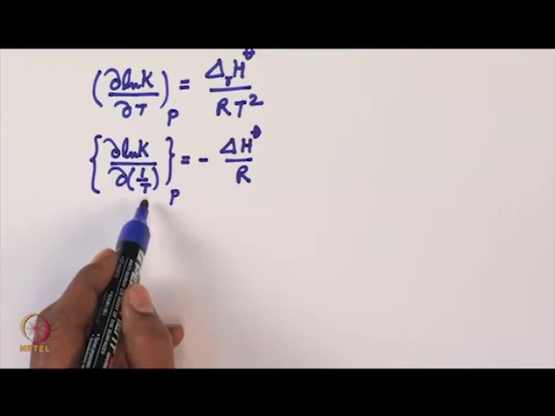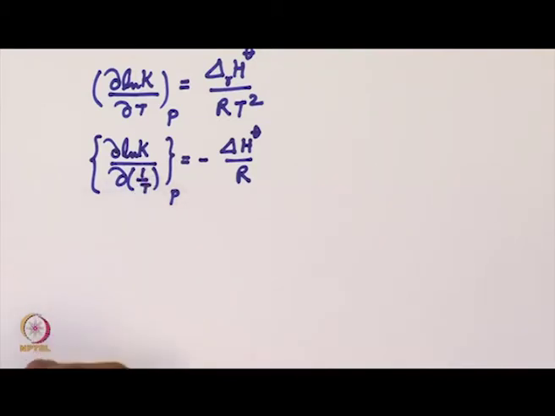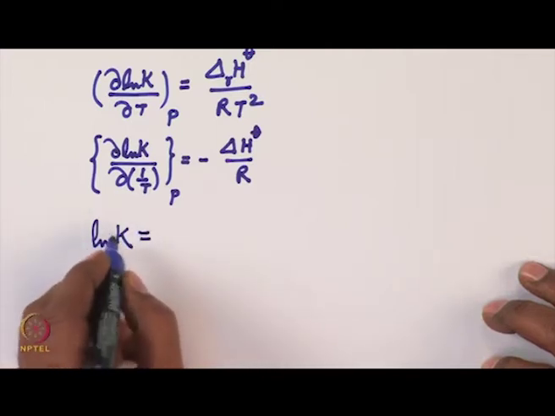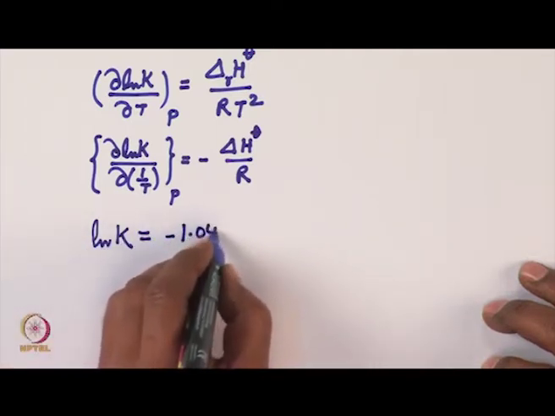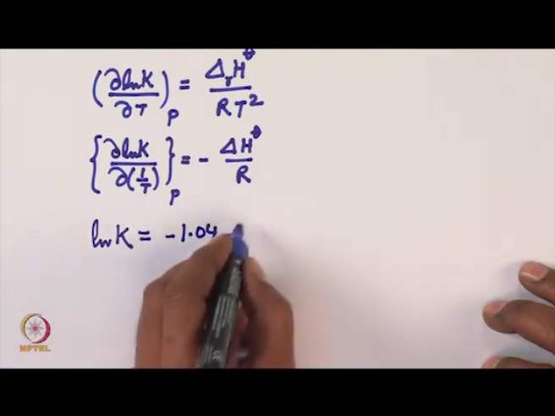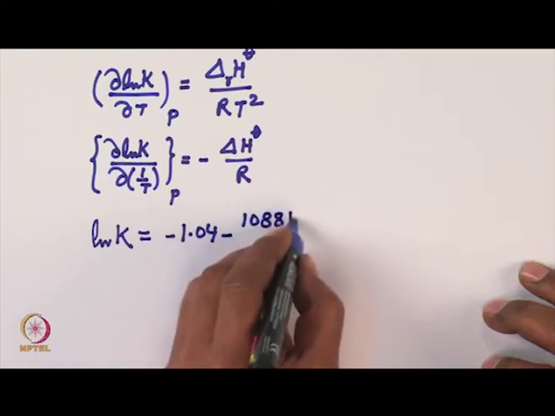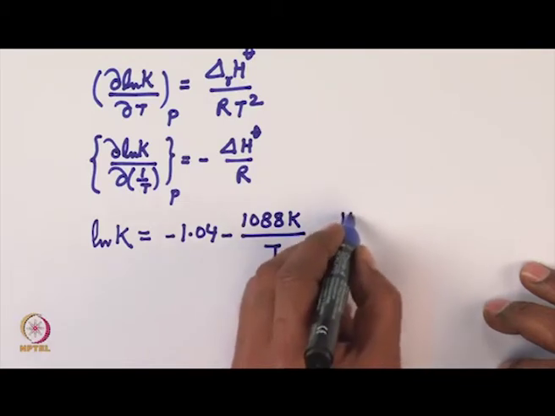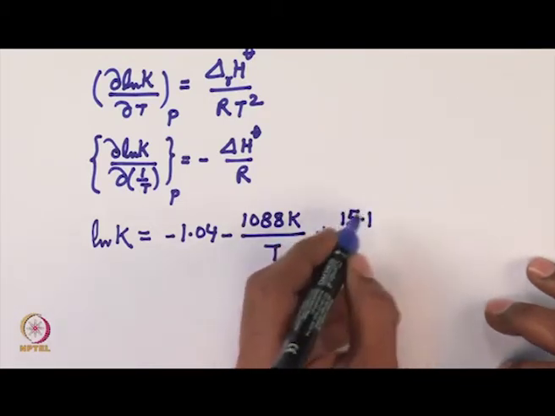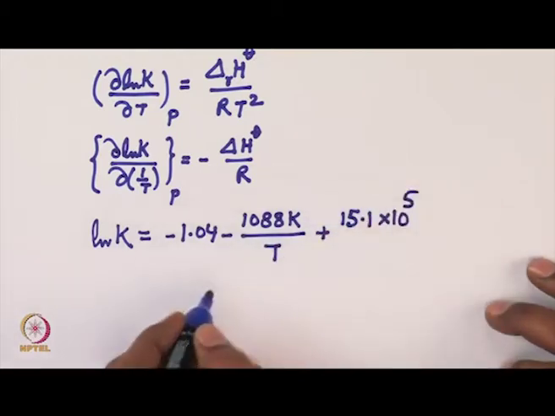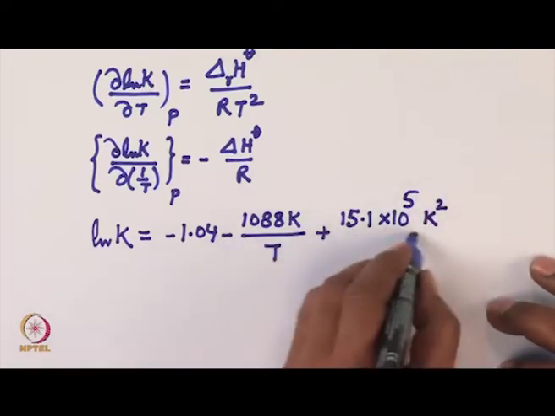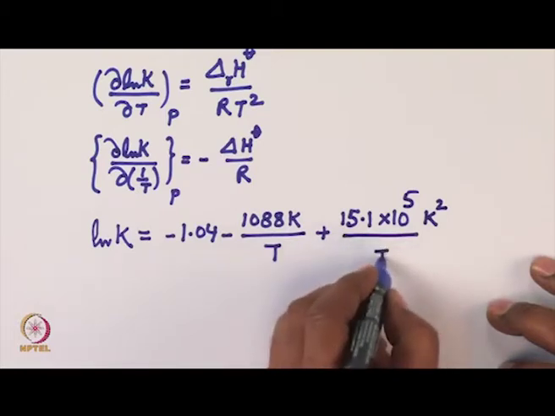Why I have transformed into a derivative with respect to 1 by T is because the given information to me is log K is equal to minus 1.04 minus 1088 Kelvin divided by temperature plus 15.1 into 10 raised to the power 5 Kelvin square, Kelvin is introduced to get rid of the unit, divided by T square.